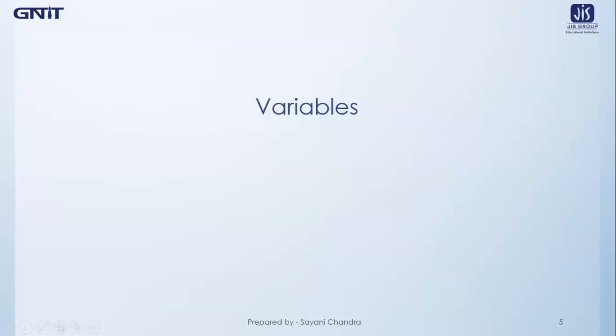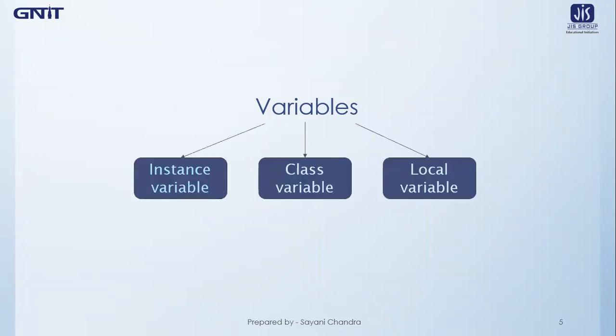Normally a variable is a container which holds the value while a program is being executed, and a variable is always assigned with a data type. Variable is a name of the memory location, we already know that. Now Java contains three types of variables: local variable, instance variable and static variable or class variable.